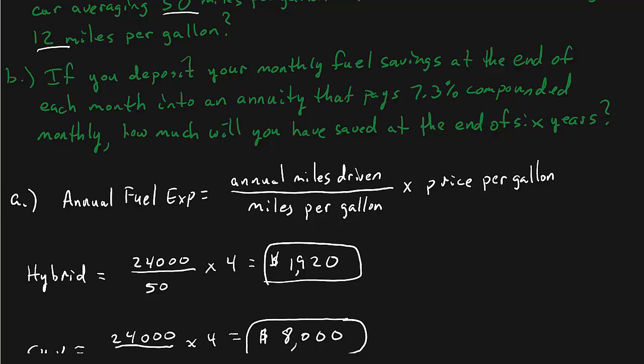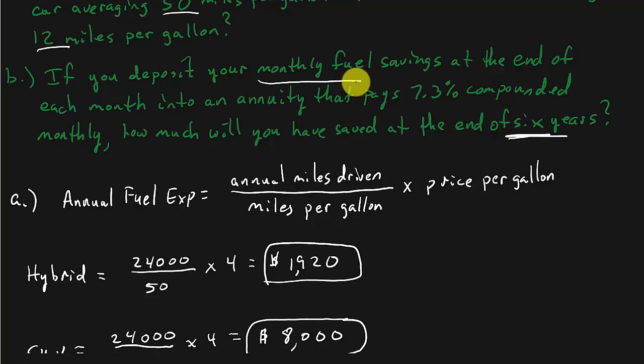We want to know, on the amount of money that we save every year, how much will we have saved at the end of 6 years if we put that money into an account. If you deposit your monthly fuel savings, we'll be depositing it into an account.